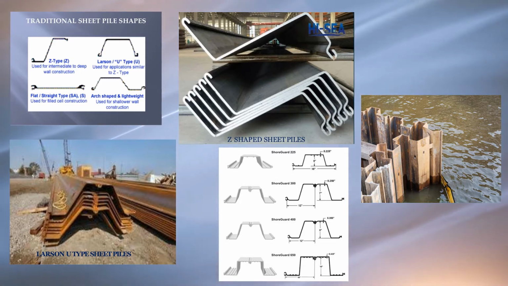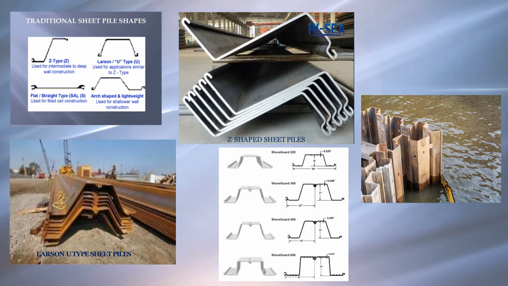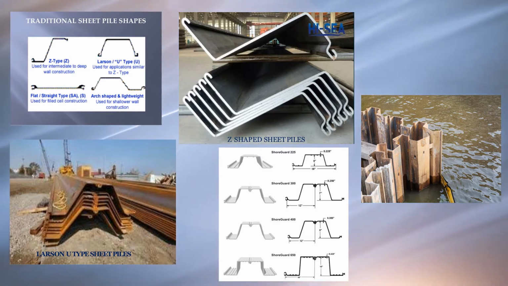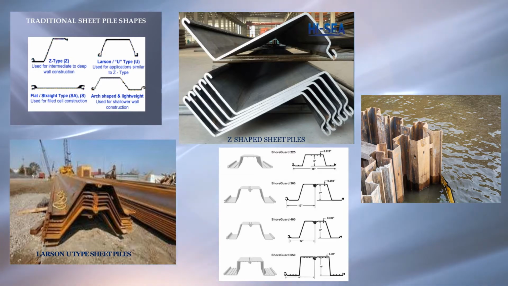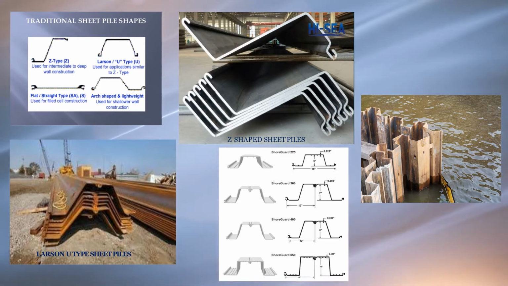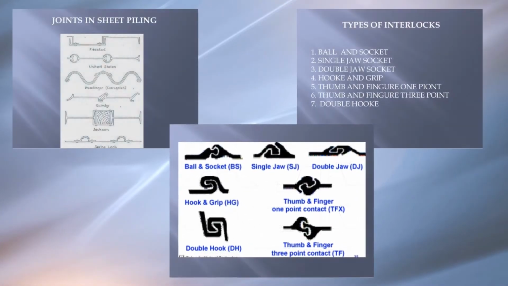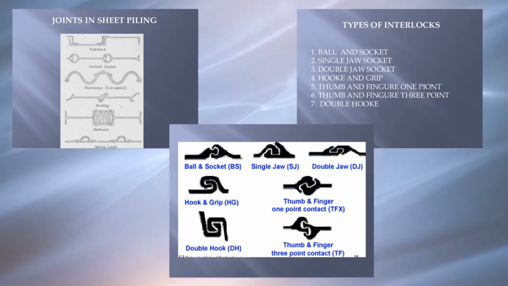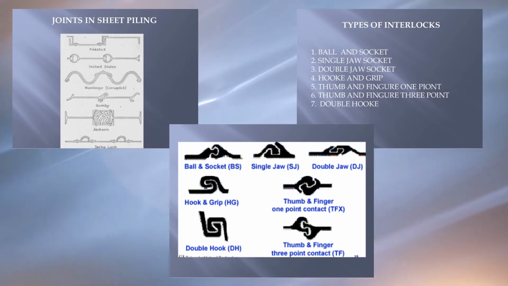Flat or straight type. Usually used for cell constructions. Number 4. Arch shape and lightweight. Usually used for shallower wall construction. Sheet piles may also have different types of interlocking system.